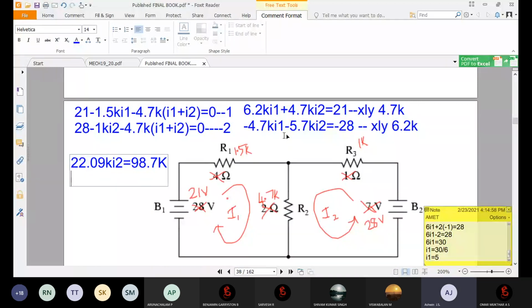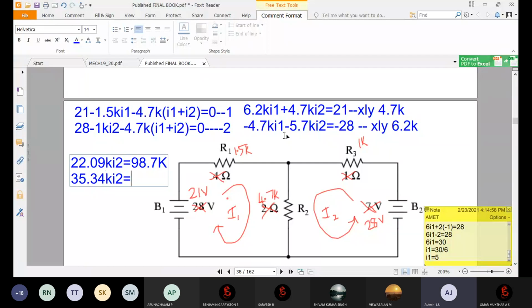Okay, and the next equation, sir, is 35.34k I2.